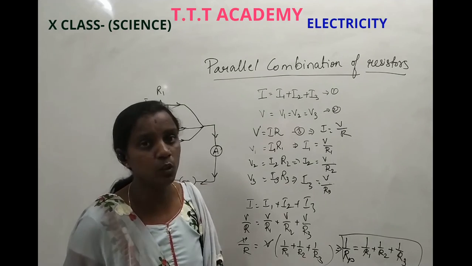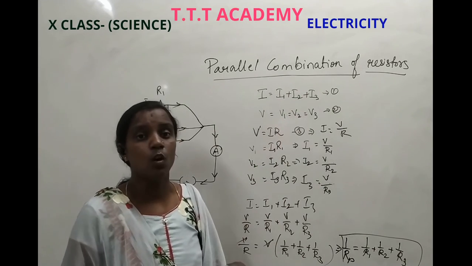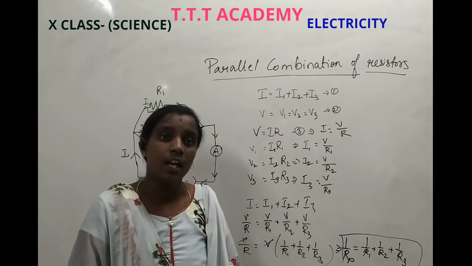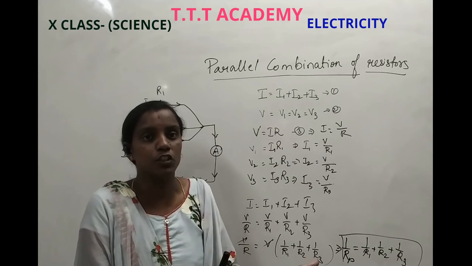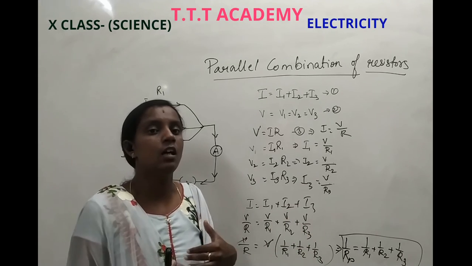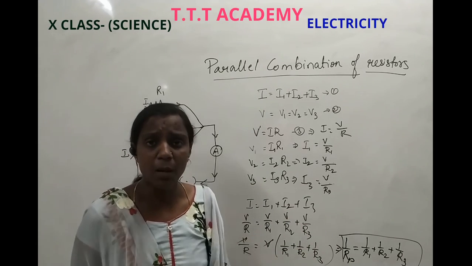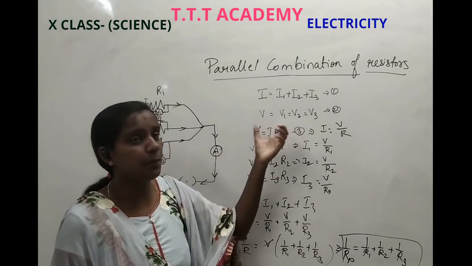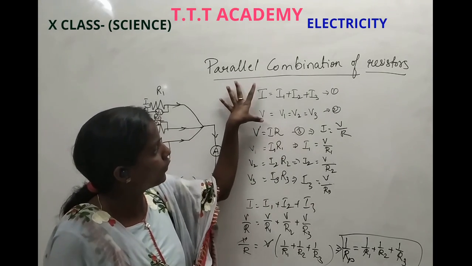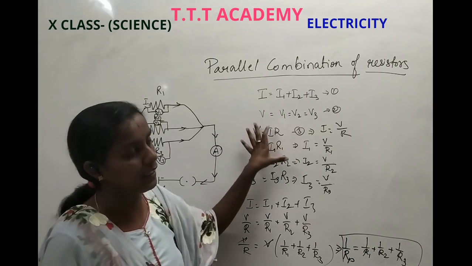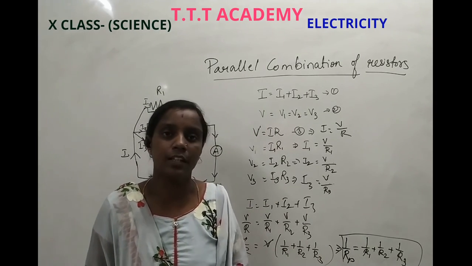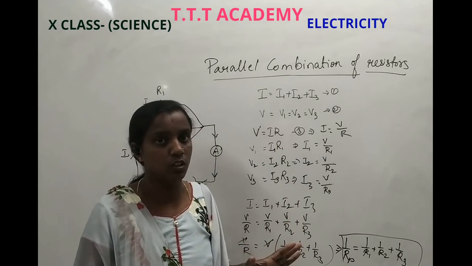So you should know these two conditions: how much electric current is flowing in each resistor and how much potential difference is taken by the circuit. If you know these two correctly, you can directly substitute and write down the derivation. Fine.